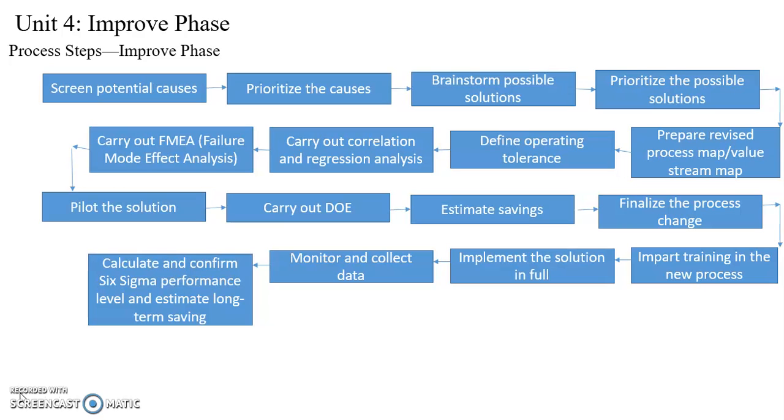The analysis is carried out by the team to assess the failure mode, causes of the failure, effect of the failure, frequency of the failure, severity of the failure, and chance of detecting the failure in advance. The result of the analysis is expressed in RPN, that is risk priority number. We will come back to FMEA again in the tools used.